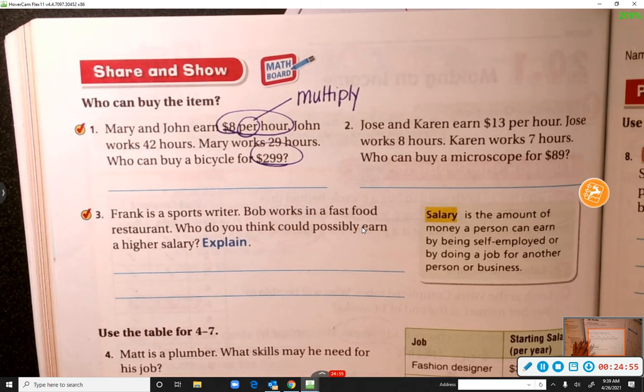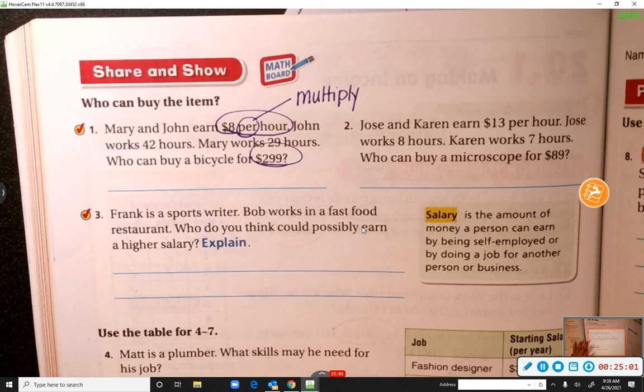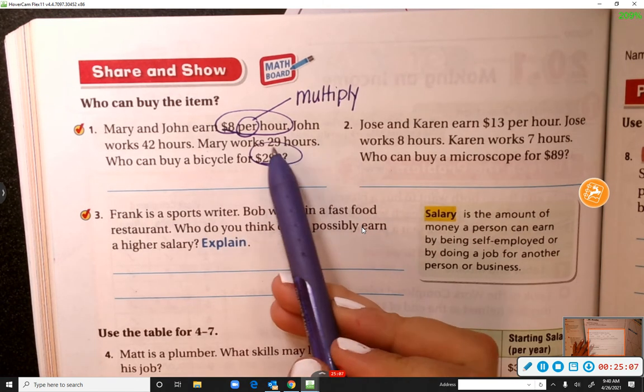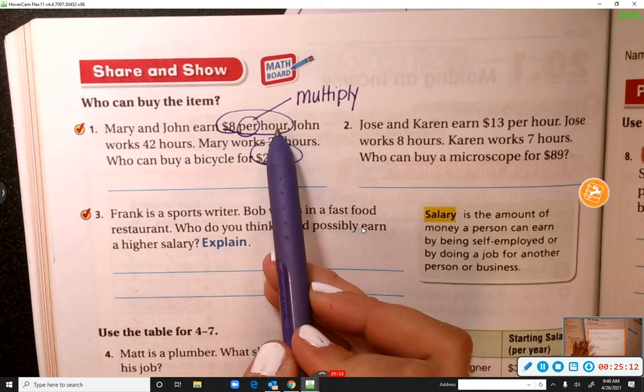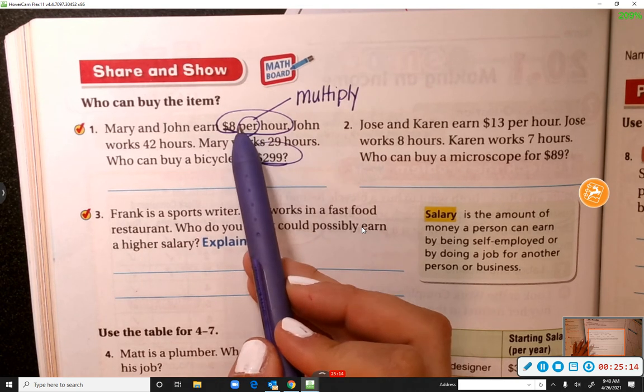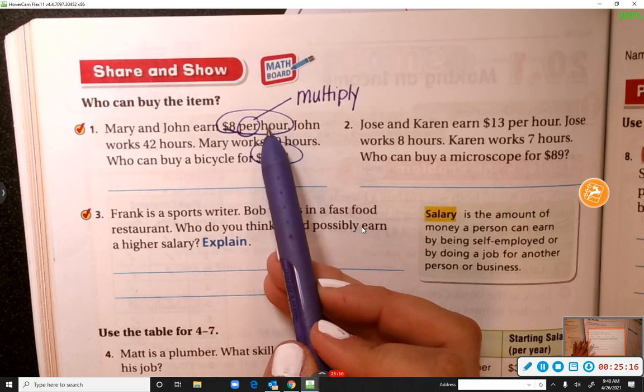So what do you think we need to do? Kelsey? I think we're going to multiply 42 to 29. Nope, not 42 and 29. We're going to multiply the dollars times the hours. $8 times the hours.